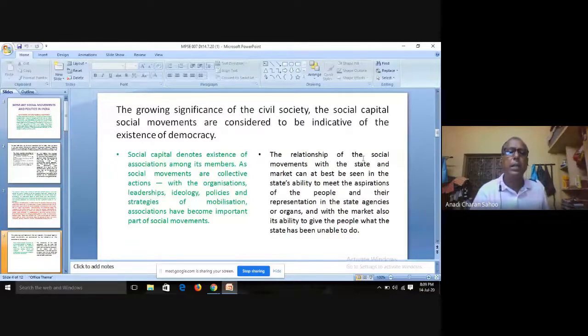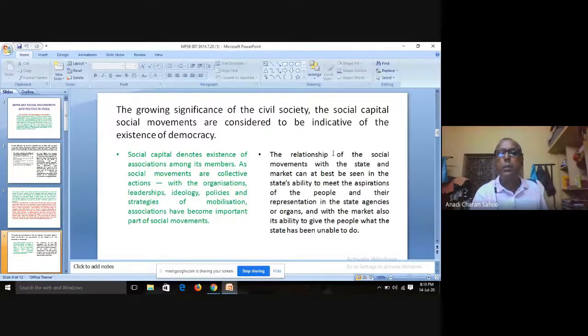Social capital denotes existence of associations among its members. As social movements are collective actions, with the organization's leadership, ideology, policy, and strategy of mobilization, associations have become an important part of social movements.